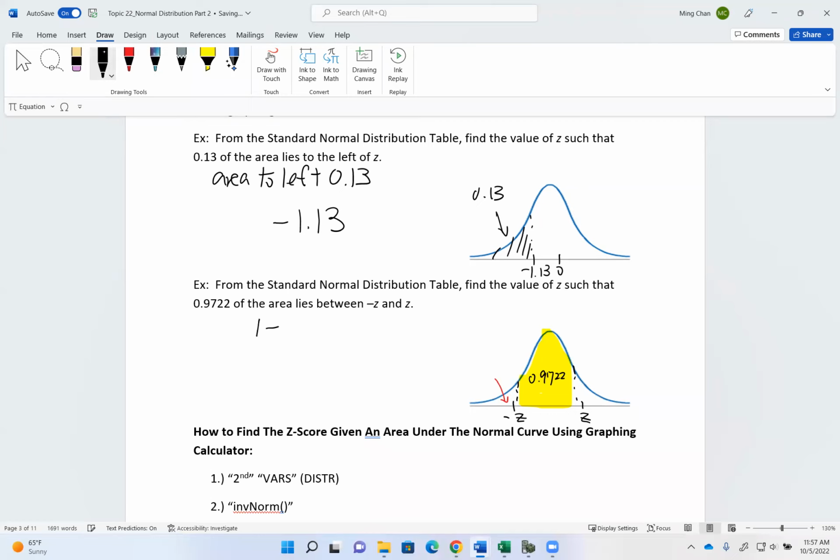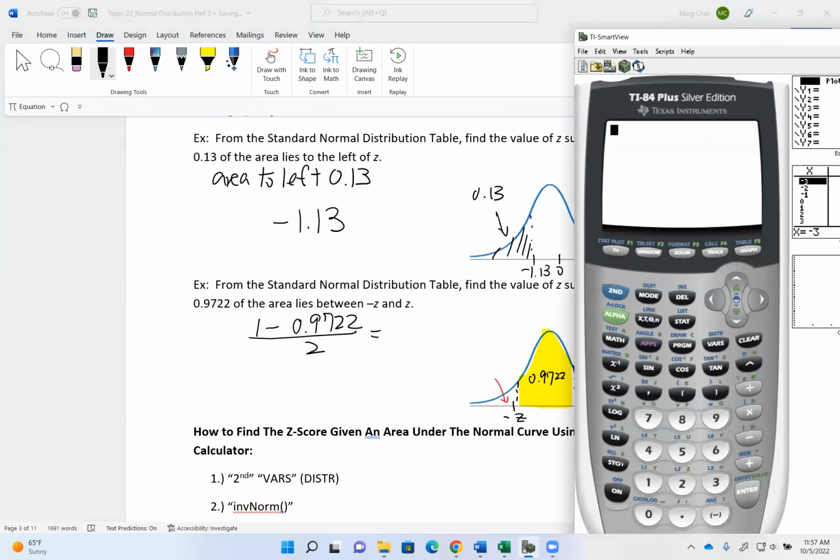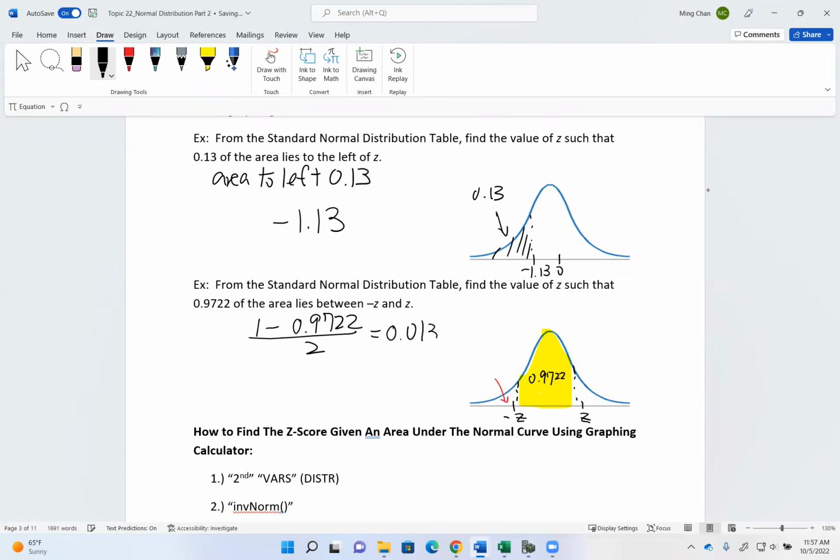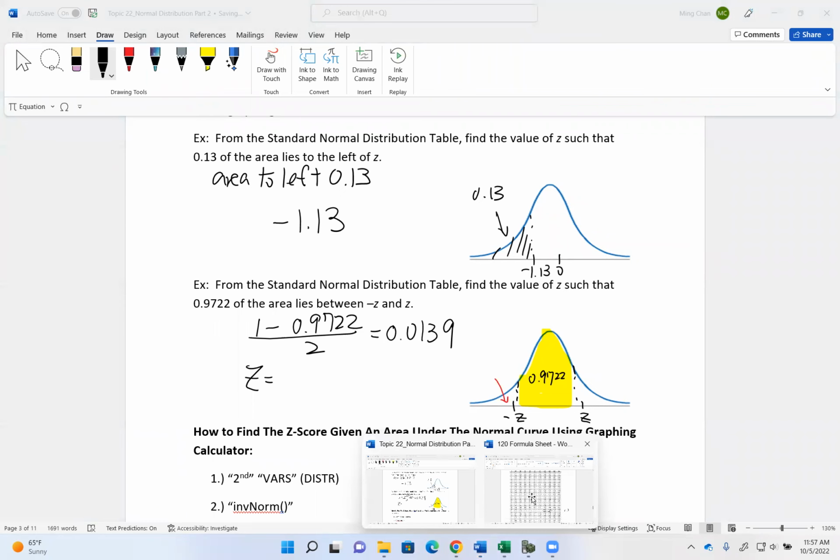So we take 100% minus 0.9722, then divide by 2. So 1 minus 0.9722 divided by 2, this area right here is 0.0139. So the area to the left of negative z is 0.0139. So on the table, 0.0139.